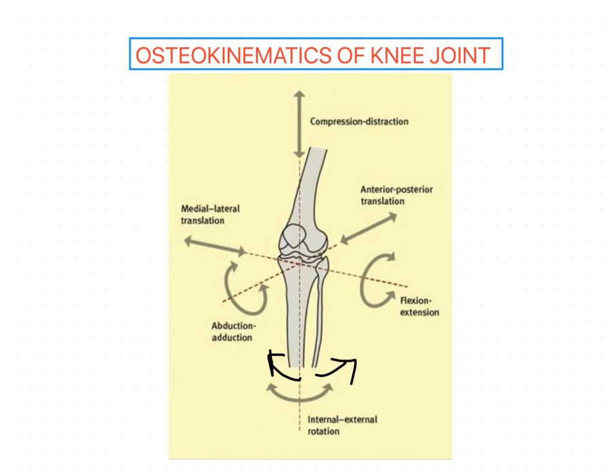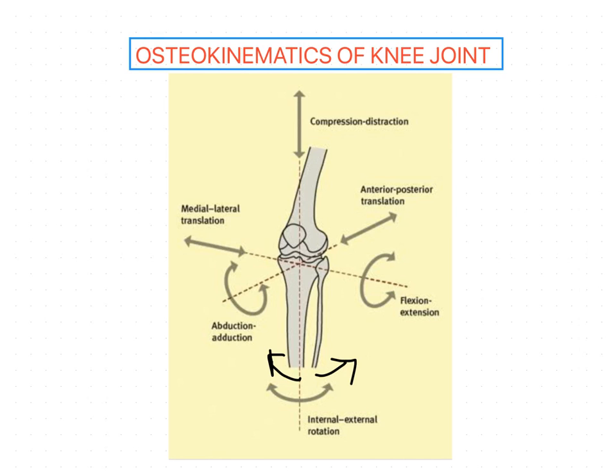These motions occur about changing but definable axes and serve the weight bearing functions of the lower extremity. So again, the main function of the knee joint is weight bearing.